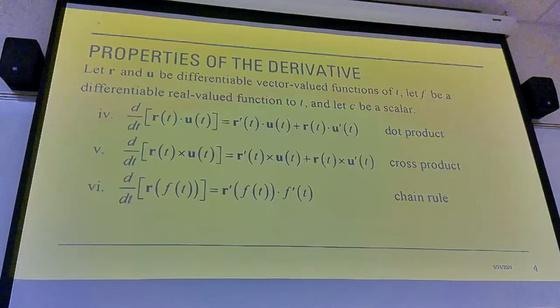And again, the chain rule is just what you think it would be. Now, in actual practice, we don't use that. Because why not just evaluate R of F first and then take the derivative?